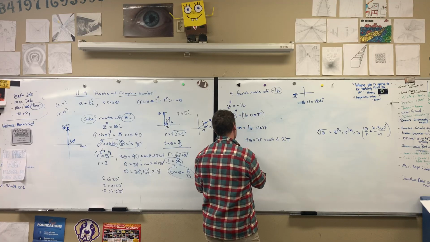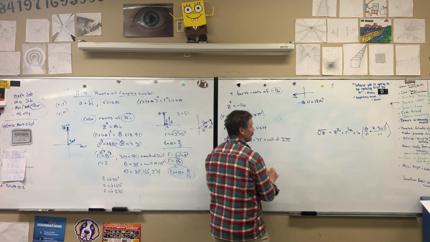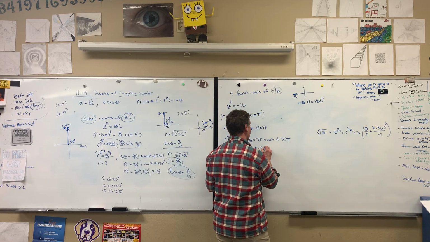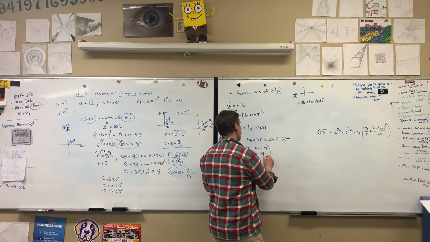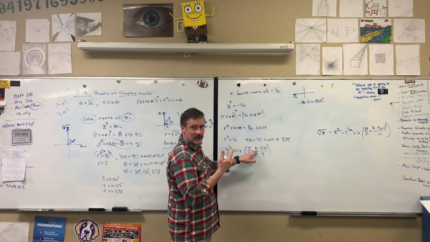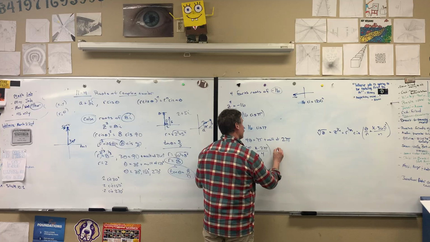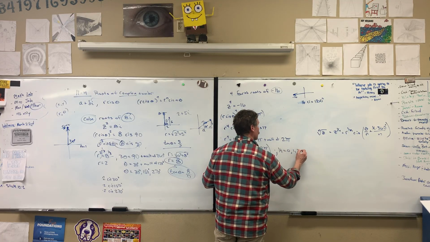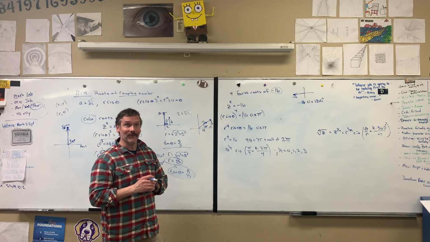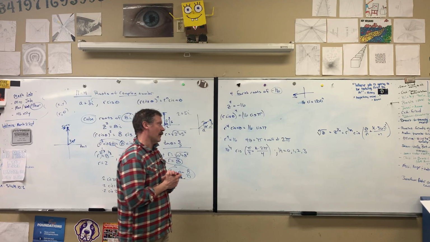So it's like cis theta, which is pi over 4 plus, now they say k times 360, but we're going 2 pi, right? Divided by 4. And where k is equal to 0, 1, 2, and how many roots do we have? 4. So k in this case would be equal to 0, 1, 2, and 3, representing the 4 different multiples.